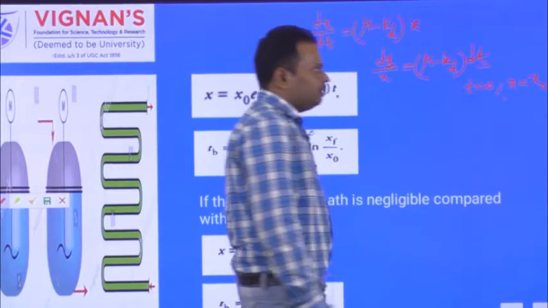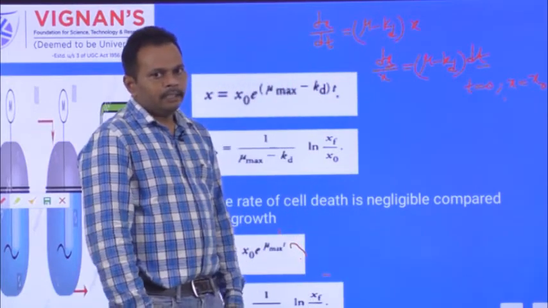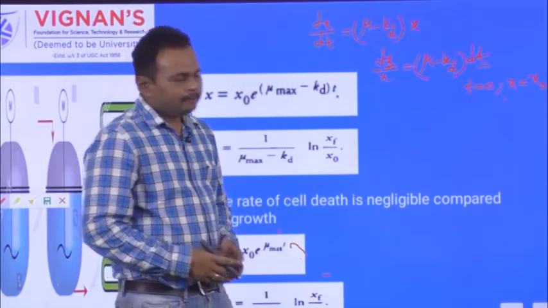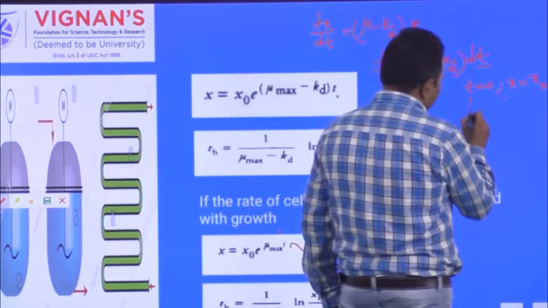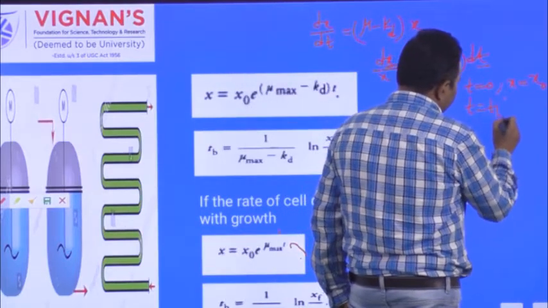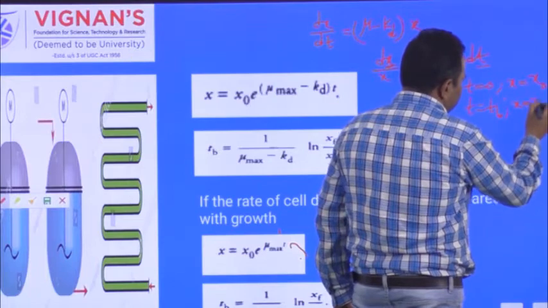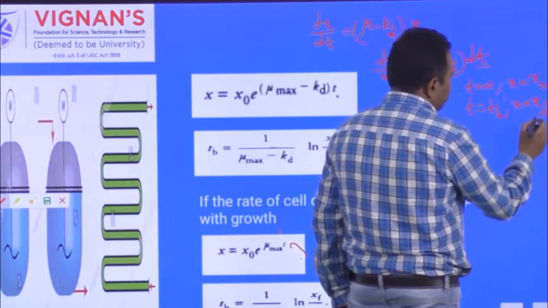At time t is equal to Tb, the batch time, x is equal to xf, that is the final cell concentration.